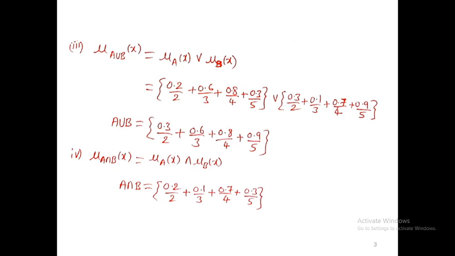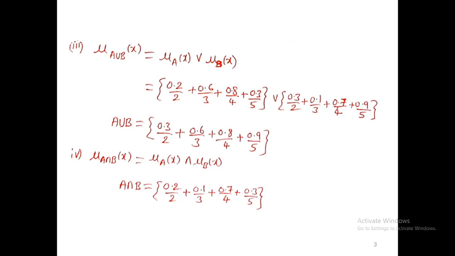Next, A union B. To find A union B, mu A union B of x is equal to mu A of x or mu B of x. Union means here we need to do the fuzzy OR function. So here we cannot add directly, right?